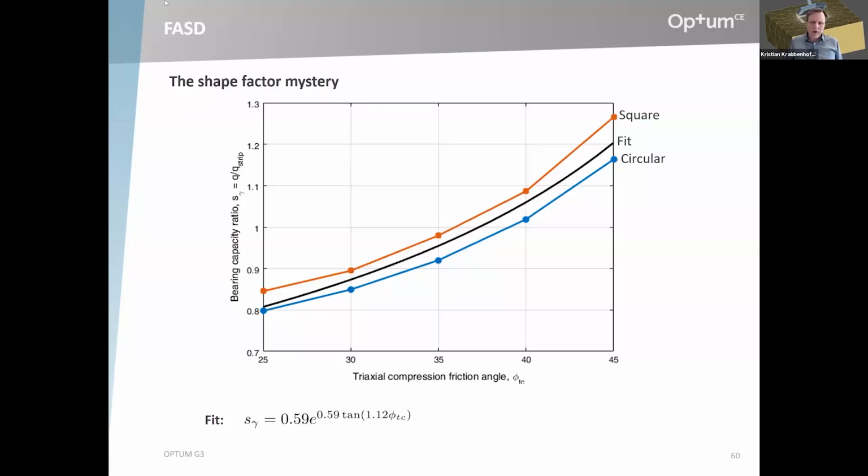Then there's a question about stress dependency, and that's of course very true, as I said to start with, that the friction angle is one of the most non-constant constants that we use. It depends on the stress state, or the load angle, as it's also sometimes called with this b ratio, and it also very much depends on the stress level. Now that's included in one of our other models, the GSK model. It's not included yet in the FAST model, but it's a question of getting it in there.